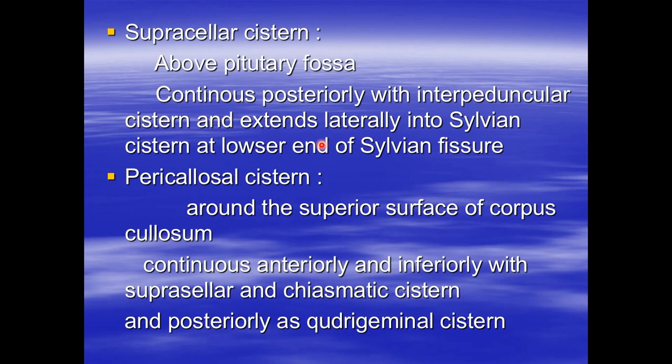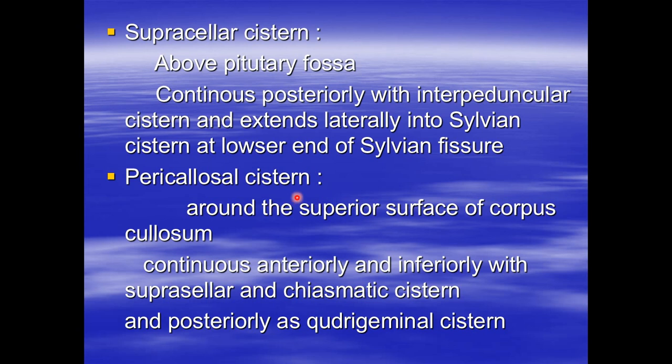Okay, the suprasellar cistern is located above the pituitary fossa. Suprasellar, so it's above the sella turcica. It continues posteriorly with the interpeduncular cistern and extends laterally into the sylvian cistern at the lowest end of the sylvian fissure.